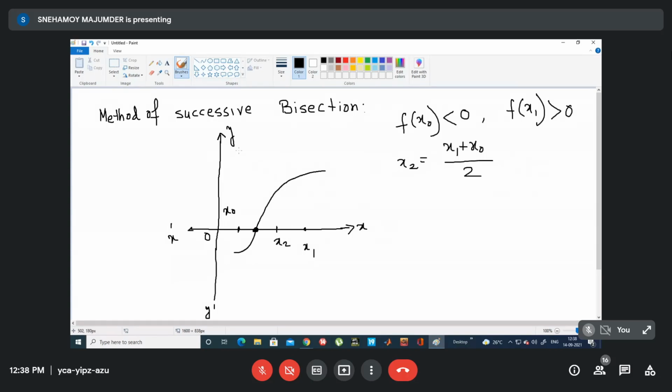So the initial interval, where we have seen that x0 is negative and x1 is positive, that was my initial interval.